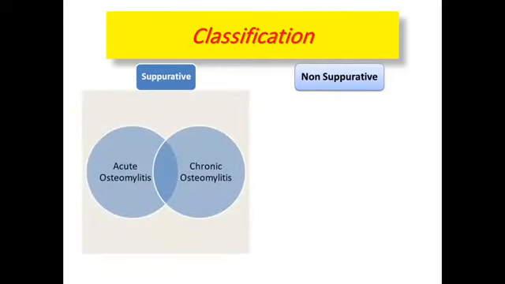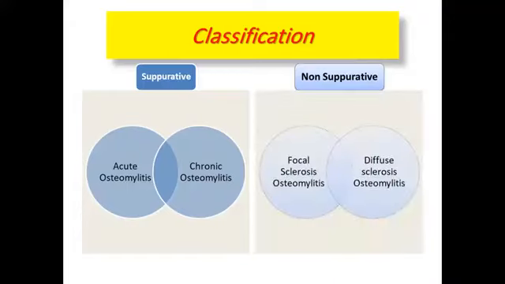Examples of suppurative osteomyelitis are acute and chronic osteomyelitis, and examples of non-suppurative osteomyelitis are focal sclerosing osteomyelitis and diffuse sclerosing osteomyelitis.